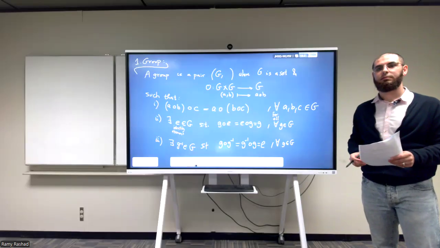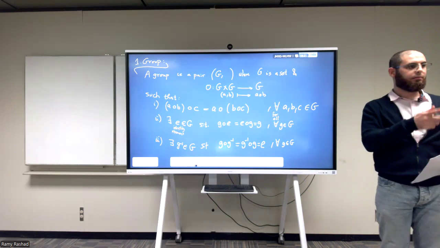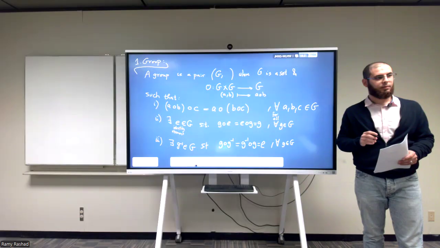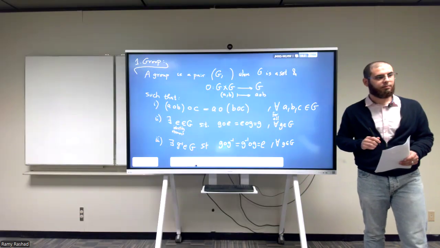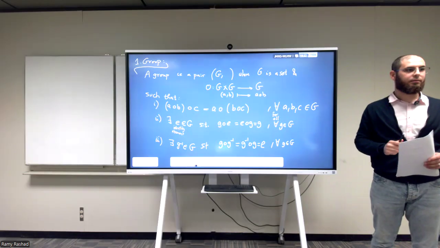Absolutely. Perfect. That's exactly how it is. Every element of that capital G should have its inverse element present in the same capital G. Yes, right.